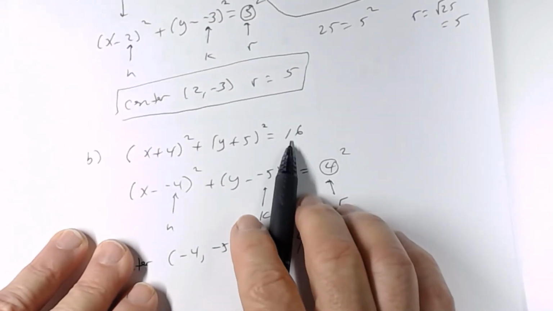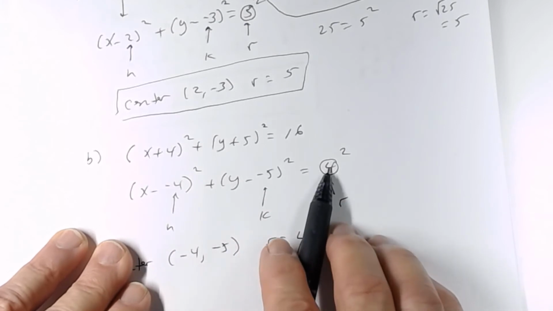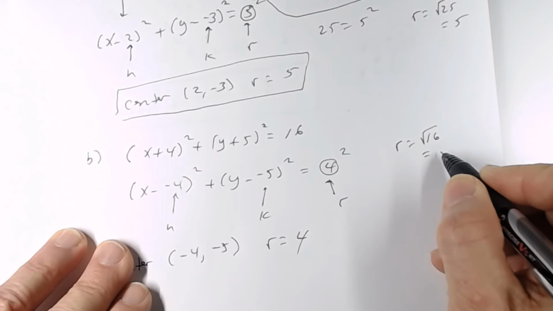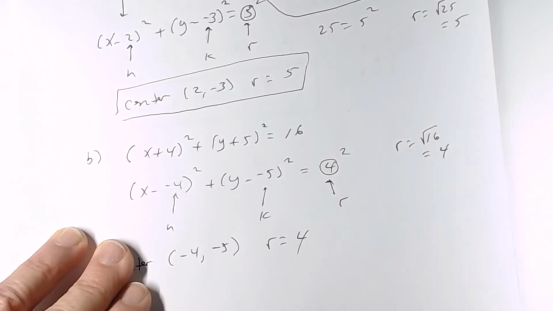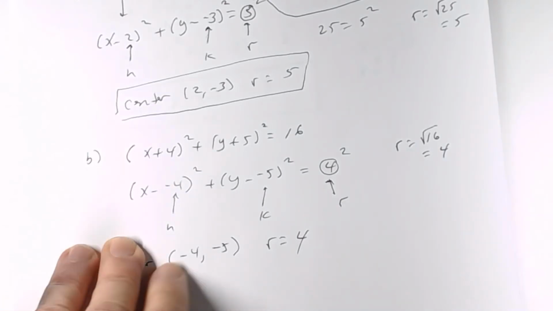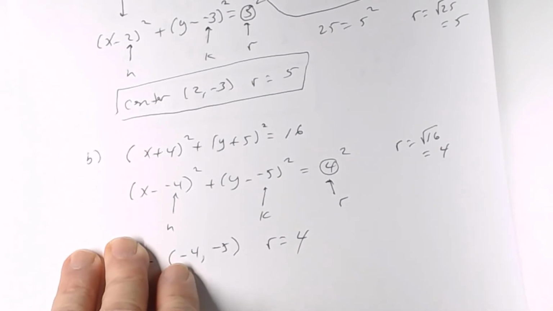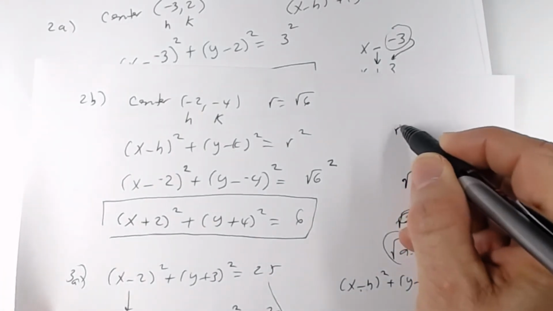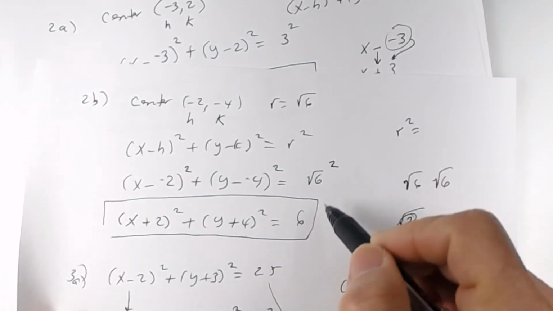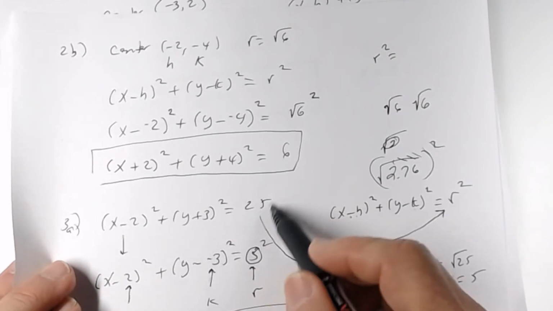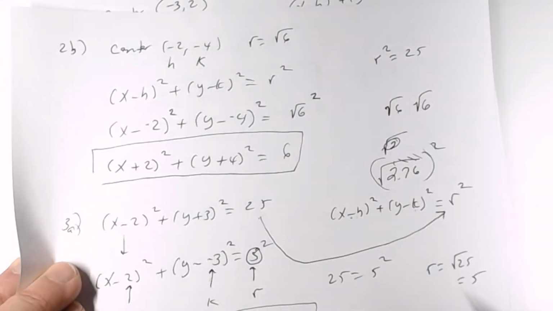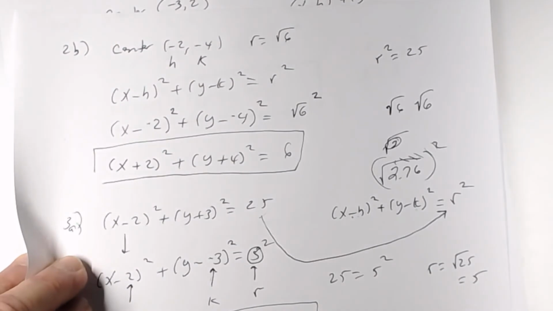Since that's a perfect square, it was easy to see. You could have said the radius is the square root of 16, which is 4. And it kind of makes sense. Now listen carefully. It's r equals the square root because this is r squared, right? Okay, so r squared is equal to what number here? 25. Well, how do you get r by itself?